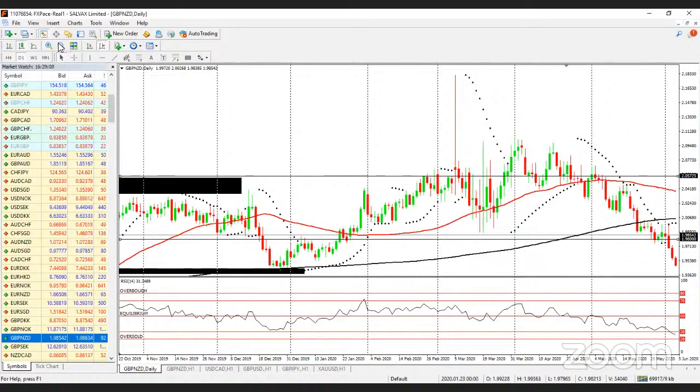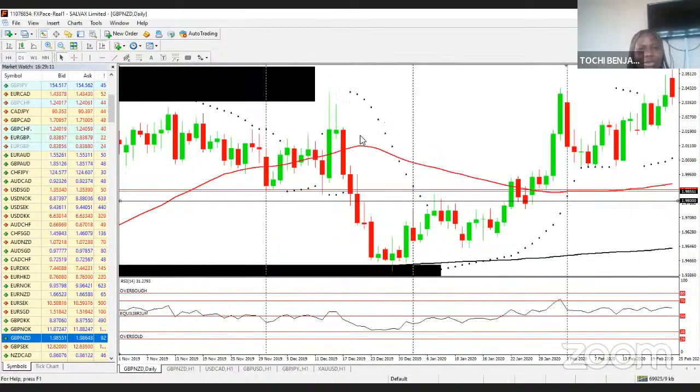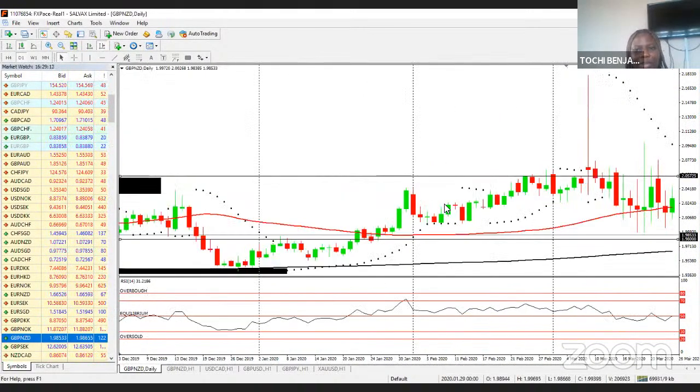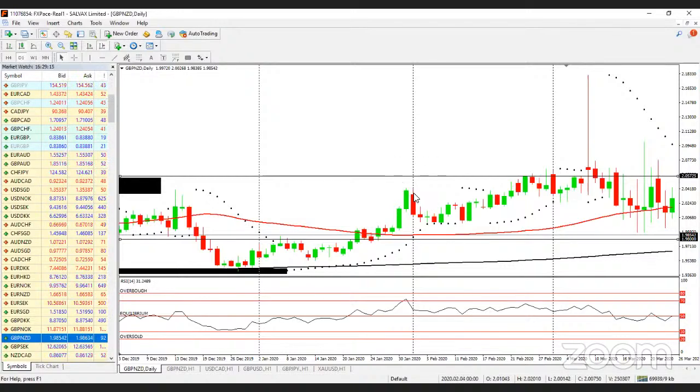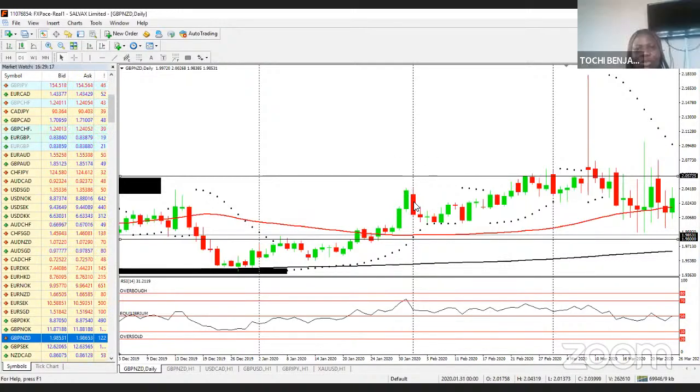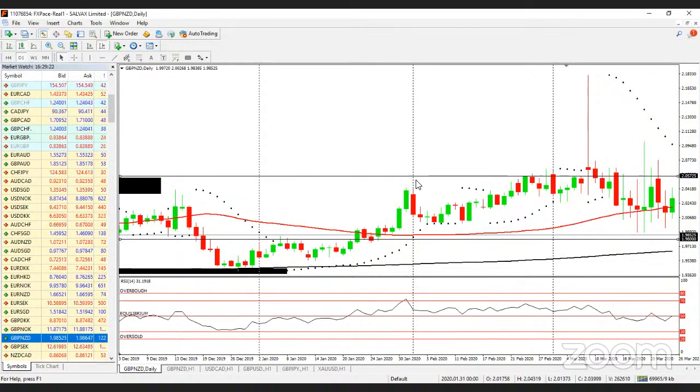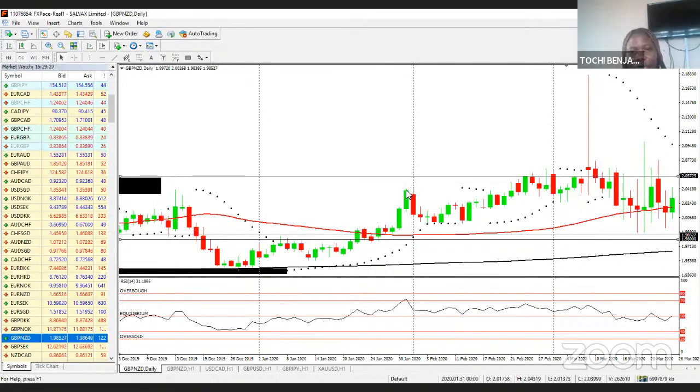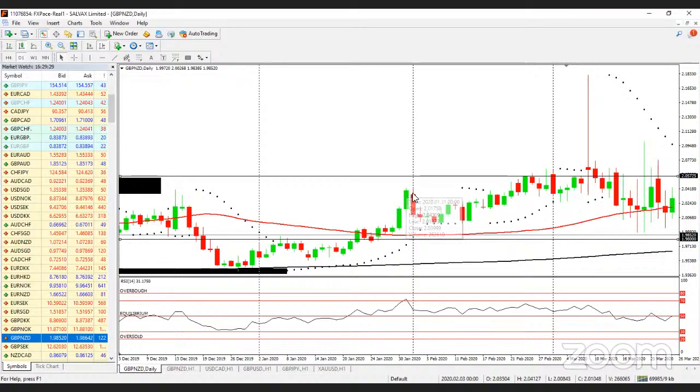Now, I saw something here. That's to tell you that sometimes you need to really understand what we're saying. Look at this. This was supposed to be a dark cloud cover, but it didn't form as a dark cloud cover. Look at where this closed. It gapped inside.